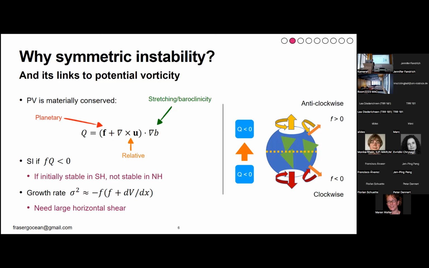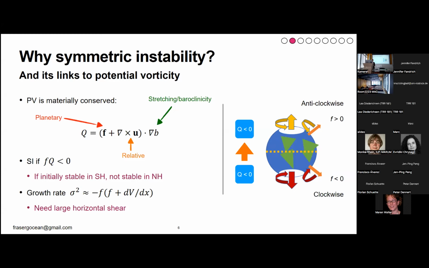We can then imagine advecting this fluid parcel, which started off in the southern hemisphere, across the equator in a western boundary current. We'll end up in the northern hemisphere, and our potential vorticity will remain negative because it's materially conserved. But our planetary vorticity is now positive. And so this inequality, fQ less than 0, is now satisfied. And so we might expect to see symmetric instability.